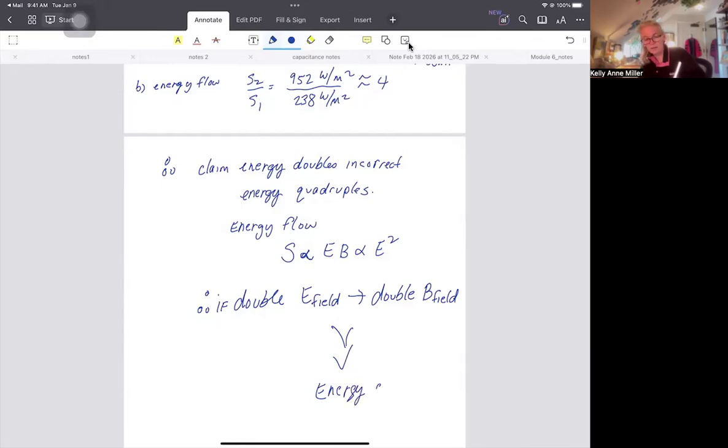If you go on in physics, this is a fundamental truth that is important in many fields. Anything that has to do with electricity and magnetism is built on the relationship between the E field and the energy.